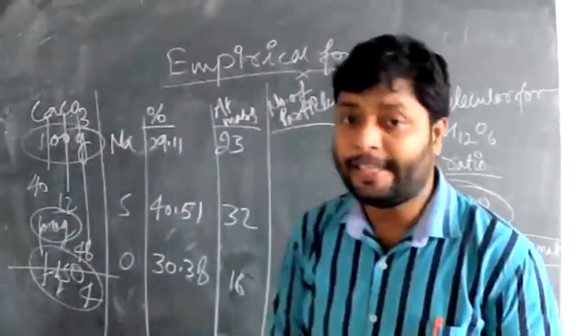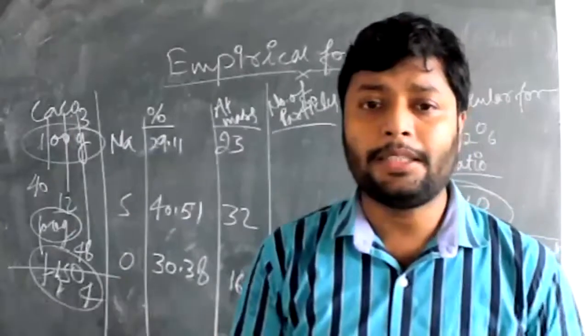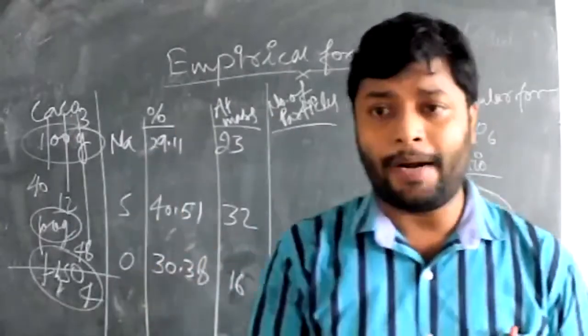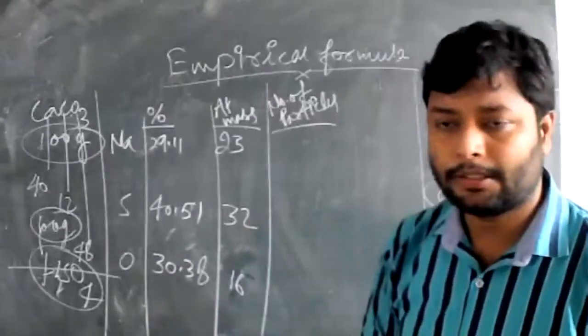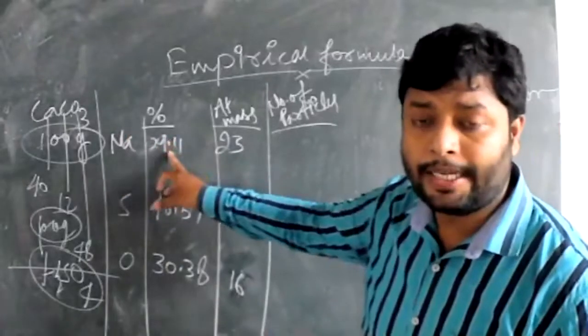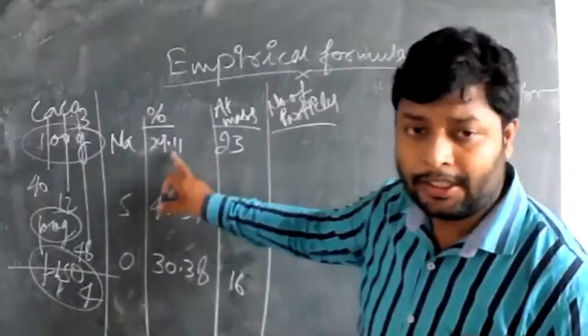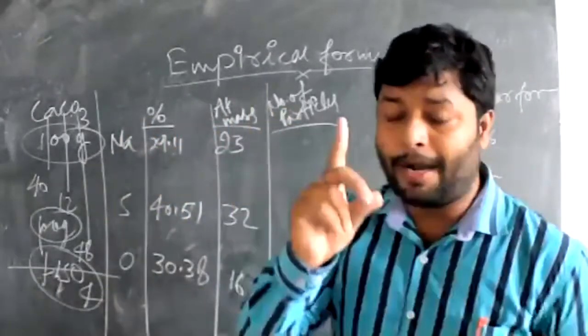Class, listen carefully. The formula for mole is given mass upon molar mass. There is a given percentage composition by mass. This also represents this amount of mass per 100 mass of molecule.